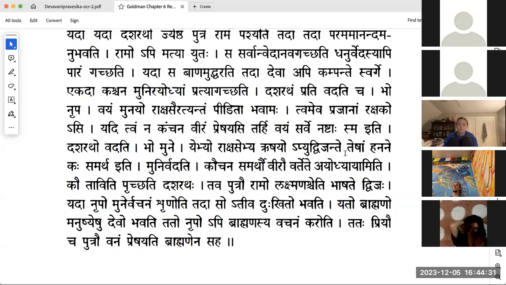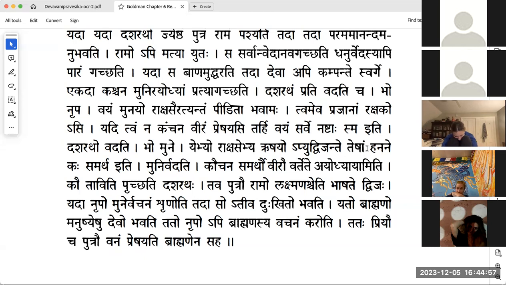No, I turned it into passive. This is so hard. It's so clear in the Sanskrit. All right. The rishis, the seers, even the rishis are terrified or tremble due to those demons. Who is capable in killing those demons?